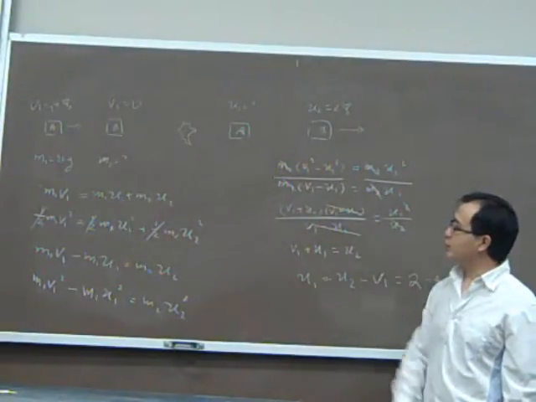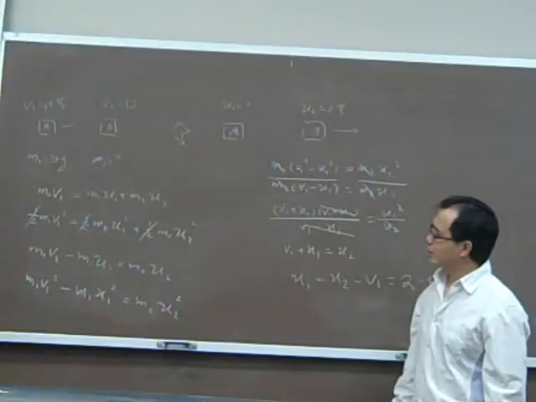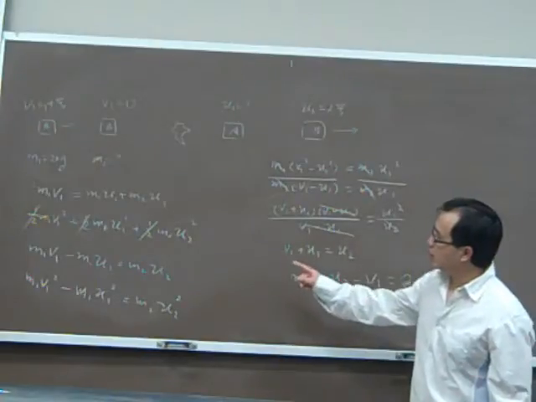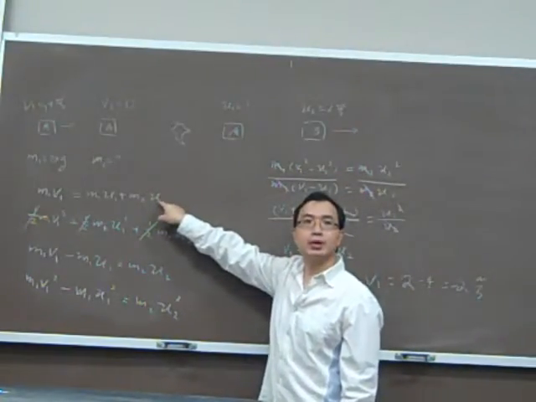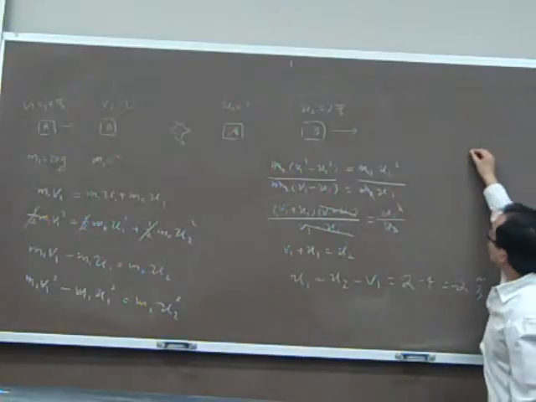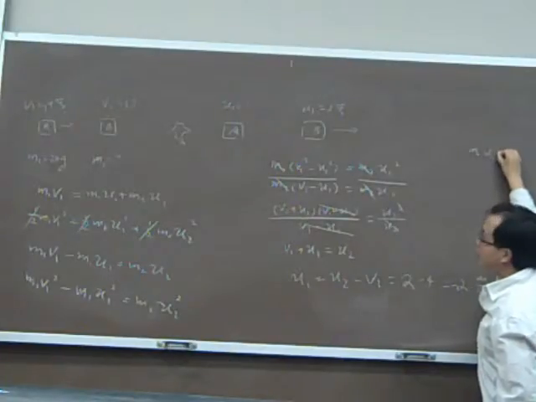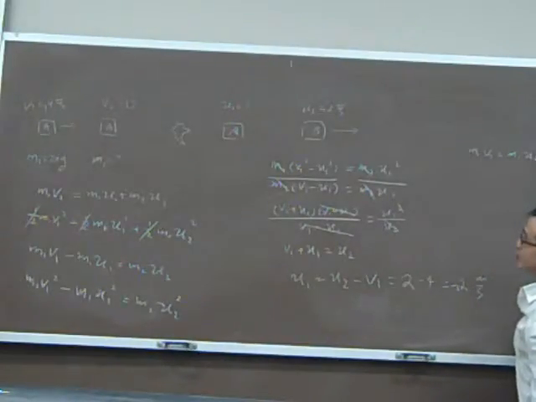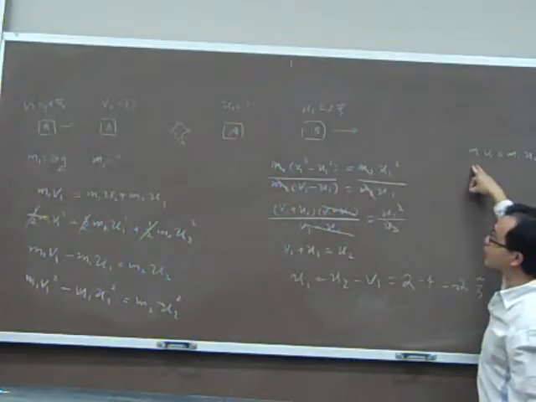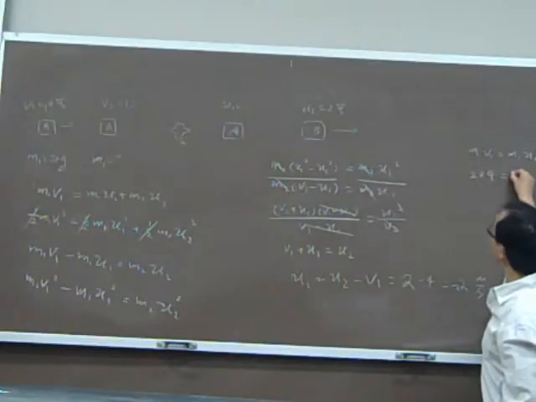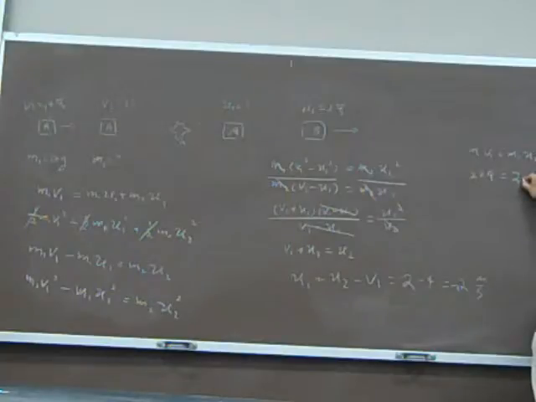And once you have the velocity, you can go back, substitute it into one of the equations there to calculate the mass. Which one should be the best one to use? The momentum conservation is simpler, right? Compared with the kinetic energy equation. So you have M1 multiplied by V1 equals M1 U1 plus M2 U2. So if you substitute all these numbers, M1 is 2 multiplied by 4 equals 2 multiplied by negative 2 plus M2 multiplied by 2.